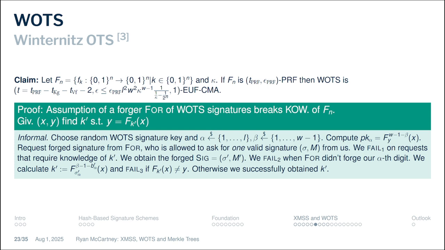So the alpha public key value consists of a hash chain or function chain that is starting from Y and going up to the public key. It is not starting from a secret key.